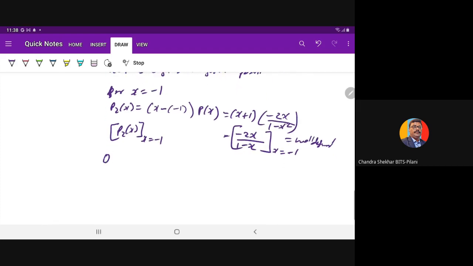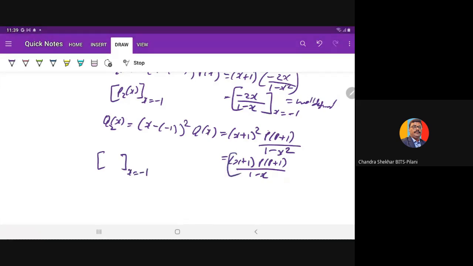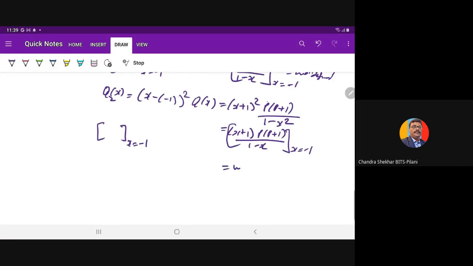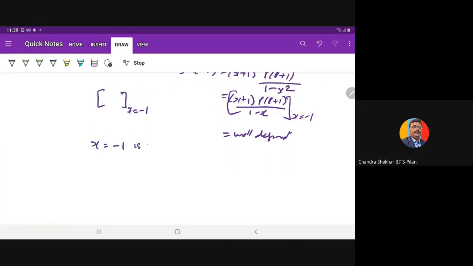Similarly, Q2(x) = (x + 1)^2 p(p + 1)/(1 - x^2), which can be written as (x + 1) p(p + 1)/(1 - x). Computing Q2 at x = -1, it is also well defined. So x = -1 is a regular singular point.